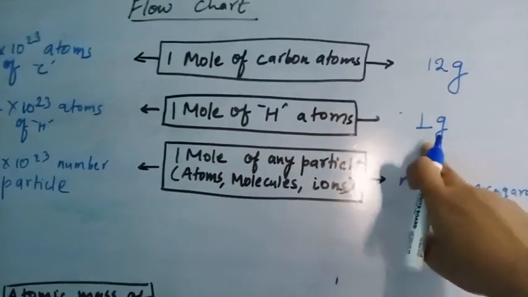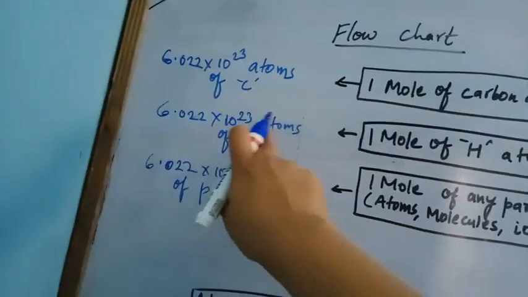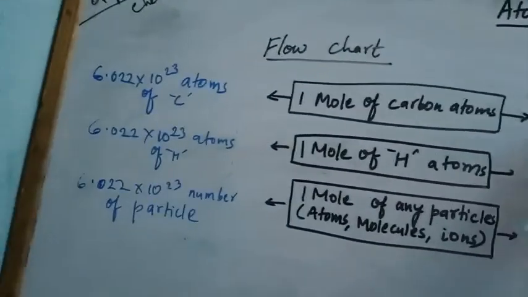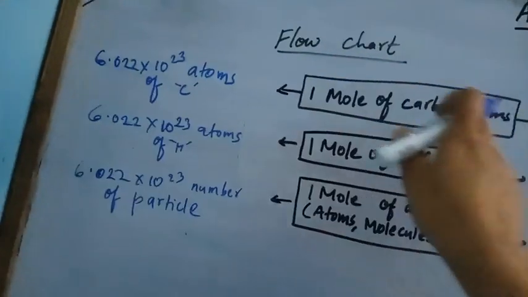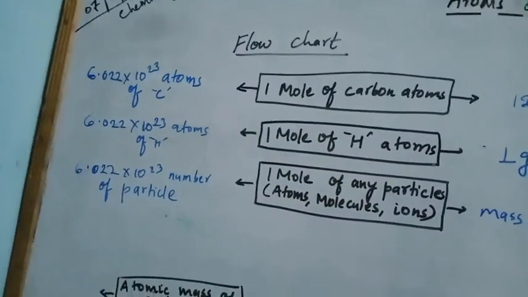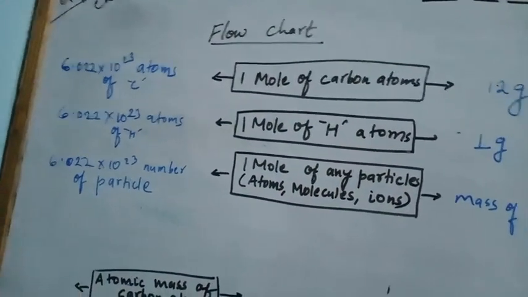Here we have got the mass of Avogadro number of atoms of hydrogen. Here we have got the mass, that is 12 gram. This is the mass of what? 1 mole of carbon atoms, that is Avogadro number of atoms of carbon.